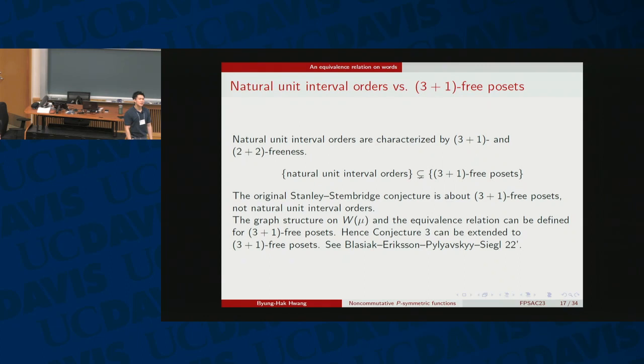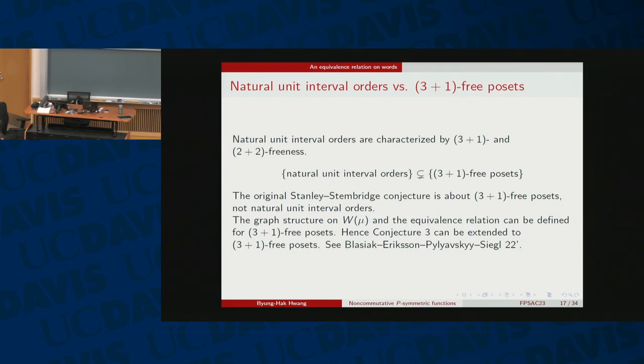Just have a question here. You mentioned that you think it is key to go to 3+1 free, also for the refinement. Can you say more, since maybe it is not quasisymmetric once you leave the unit interval orders? Just if you can say more about why you think we should look at the bigger family. To attack the conjecture and also for the refinement.